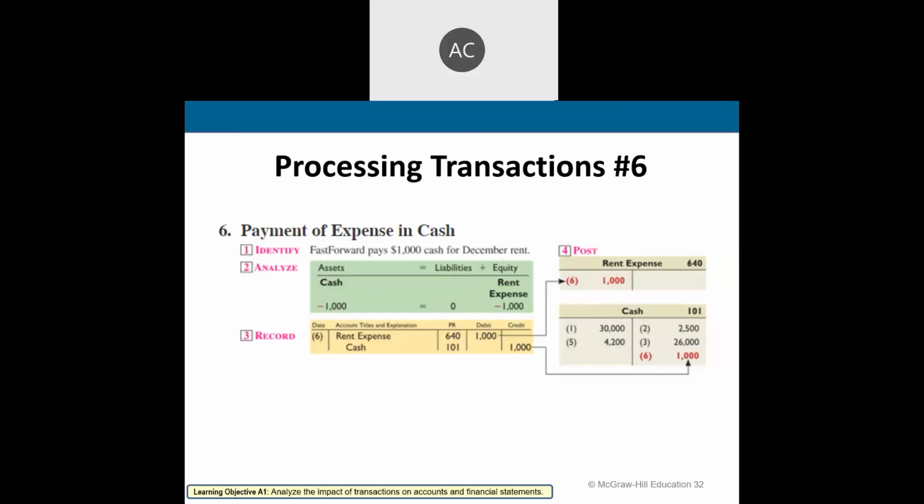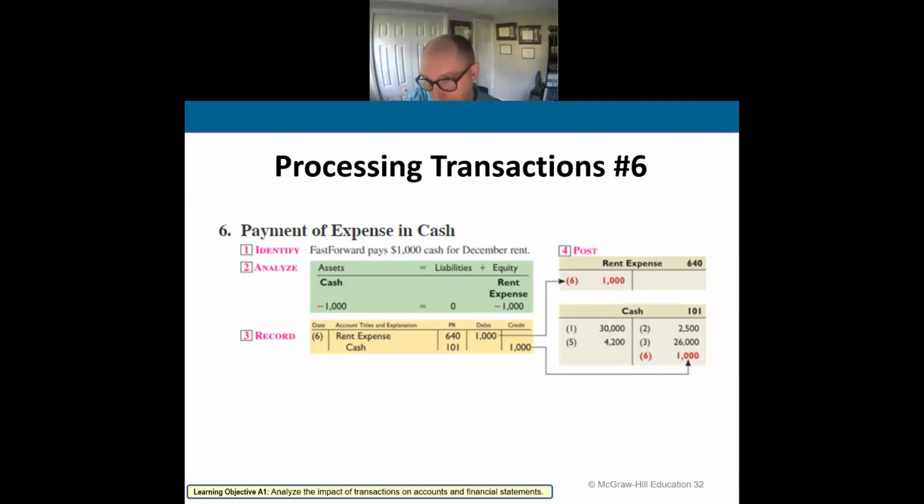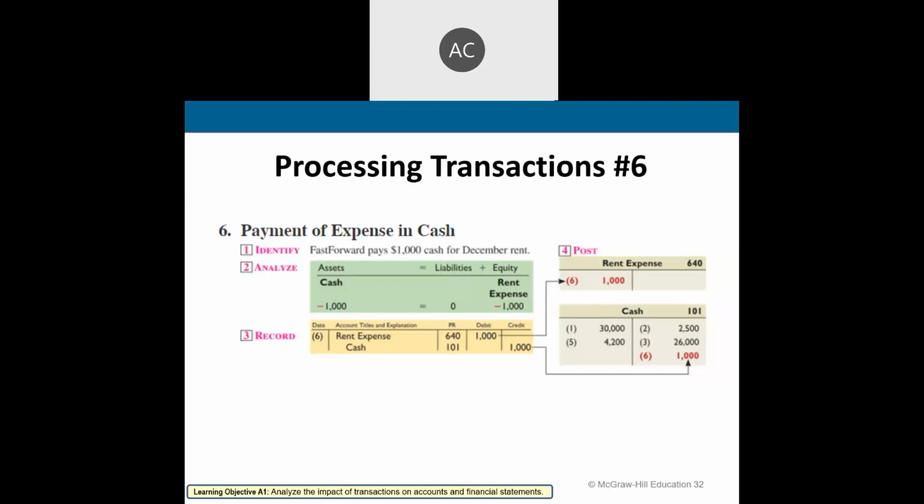They're not journal entries. So we just put rent expense 1,000 and the cash. That's where we have to do the calculations and subtract and have the balance. Because with the cash, we did the debit side and the credit side, but the rent one, we just did one side.